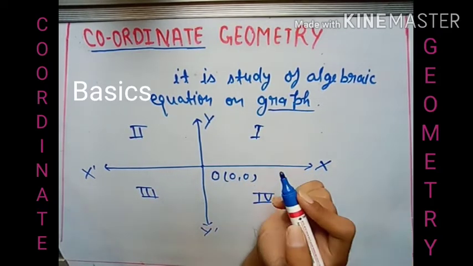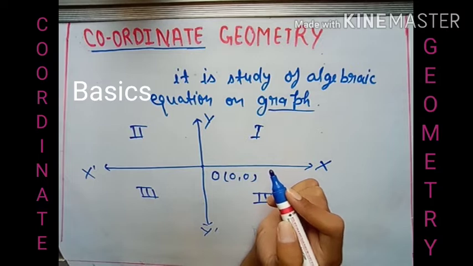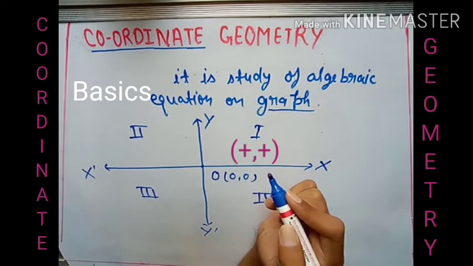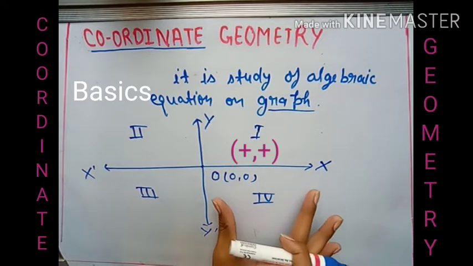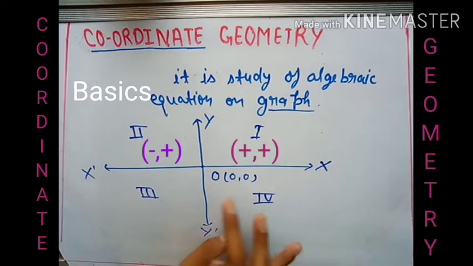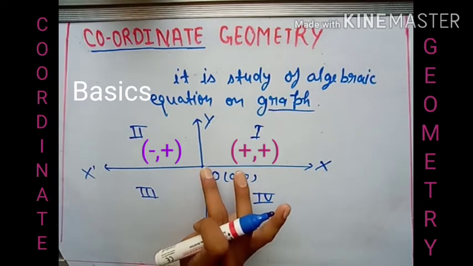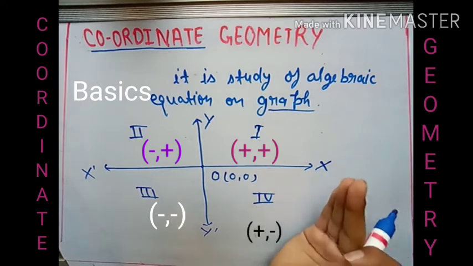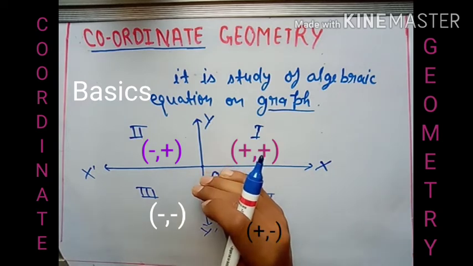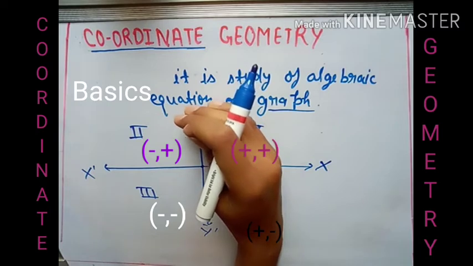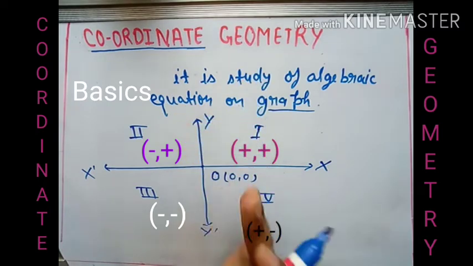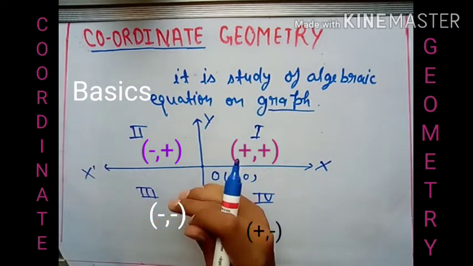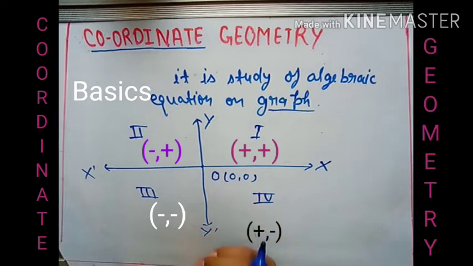Now every quadrant is assigned its own sign. First of all, the sign convention: this is the origin, and the right of the origin is taken as positive, and above the origin is also taken as positive. So left is taken as negative and below is also taken as negative.